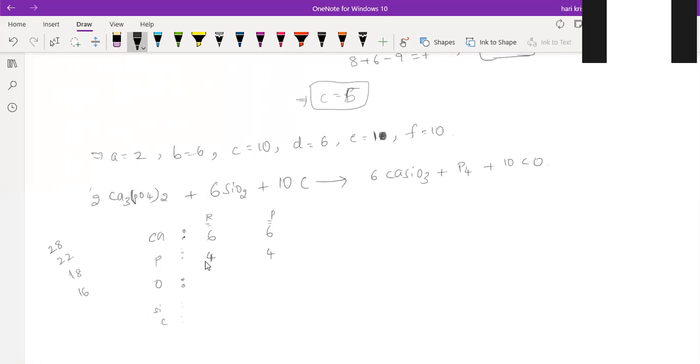It becomes a multiplication here: 4 times 2 is 8, and 8 times 2 is 16. So 16 on this side, and 6 times 2 is 12. So the total is 28. Do you understand why it is 28?